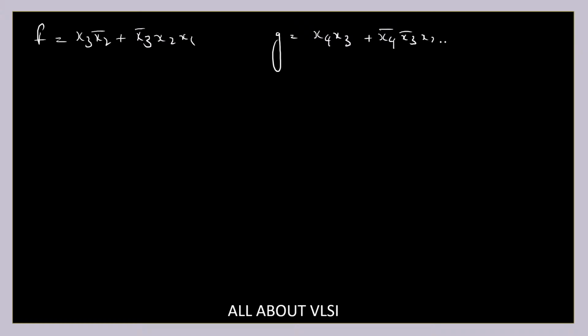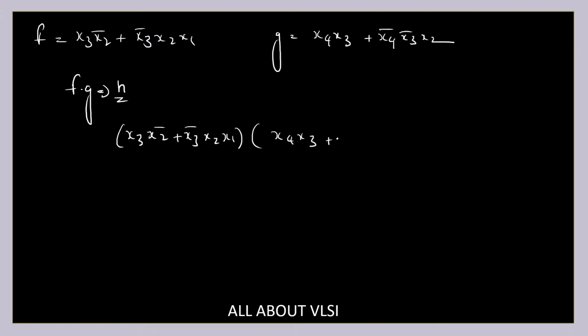This is my g. I just need to multiply this f into g so that I'm going to get the other function which is h. So which is nothing but x3 x2 bar plus x3 bar x2 x1 into x4 x3 plus x4 bar x3 bar and x2, right?